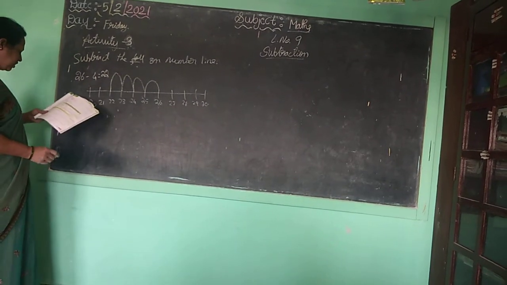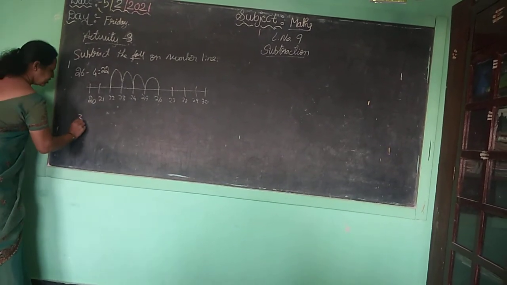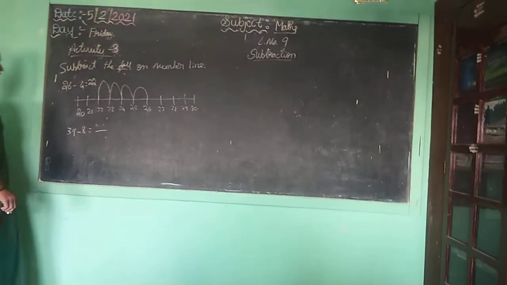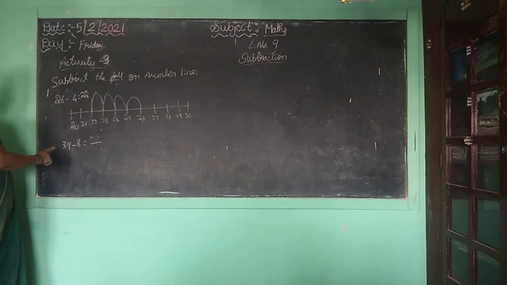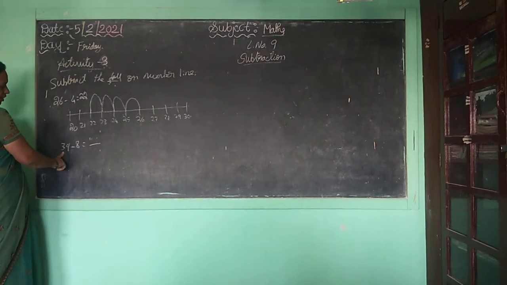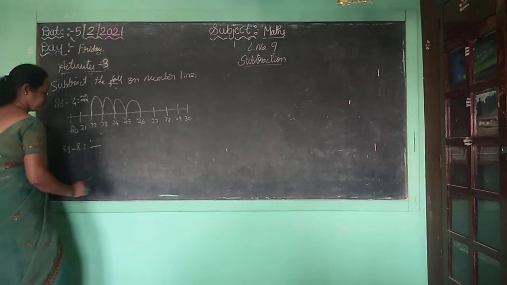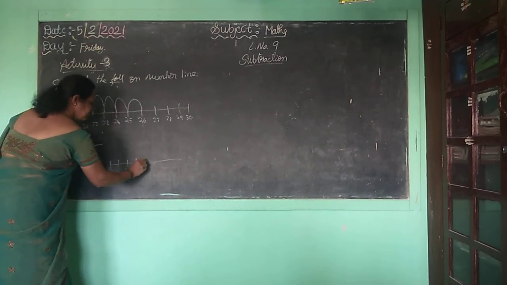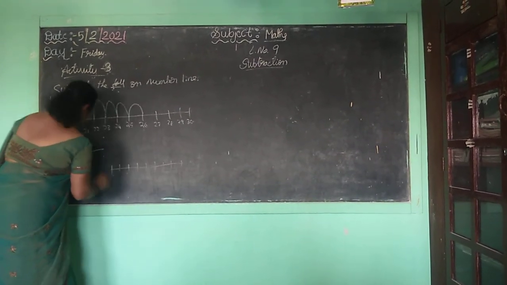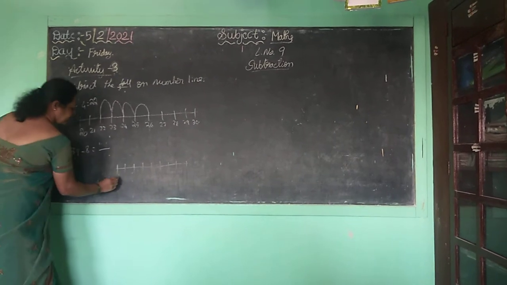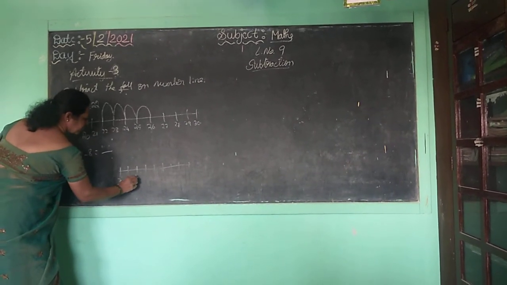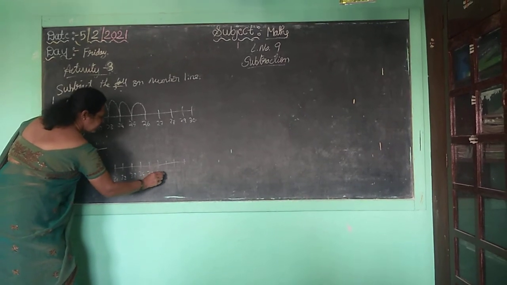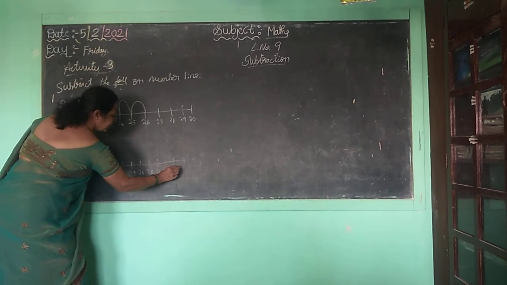Next, 39 minus 8. Second sum, 39 minus 8 is how much, children? 39 minus 8 means you can write the numbers 30 to 39. See, number 9, they have given like this. Here 39, 30, 31, 32, 33, 34, 35, 36, 37, 38, 39.